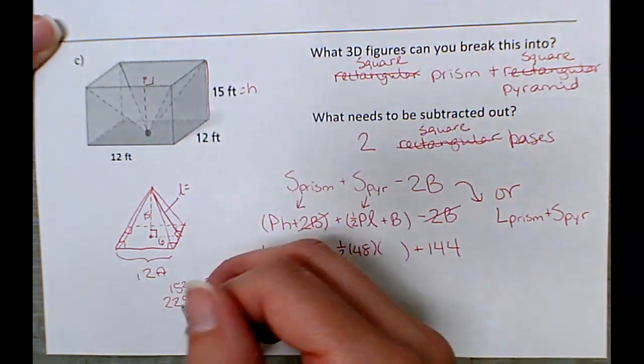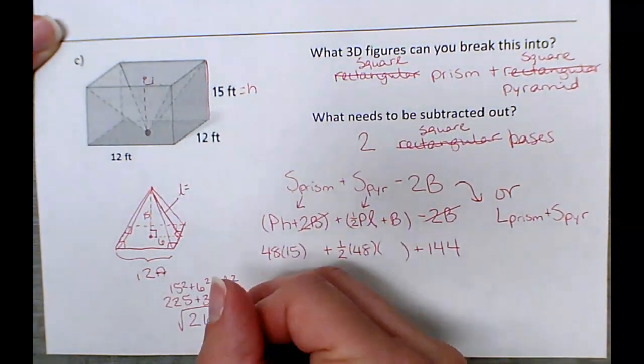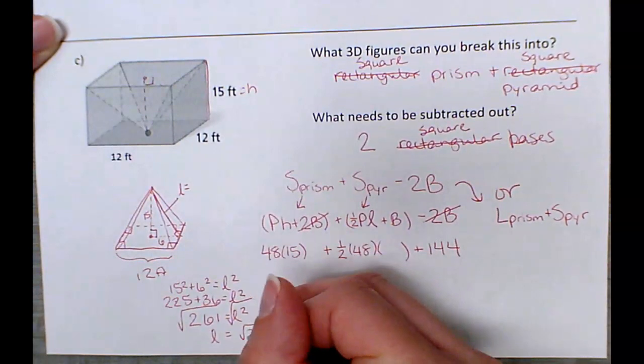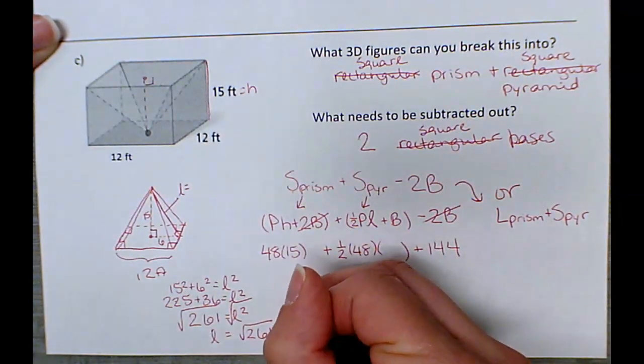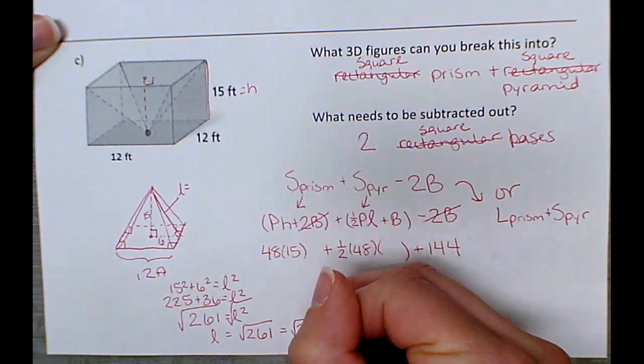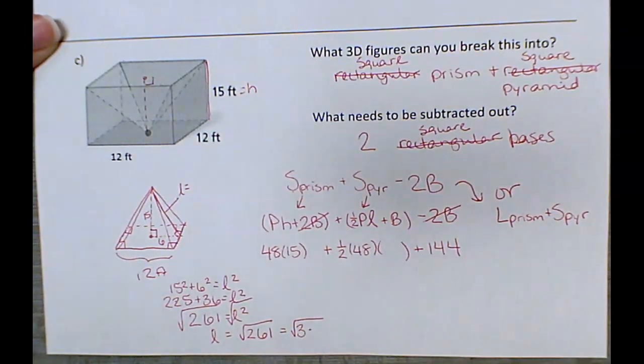If I square root both sides, I get L equals the square root of 261. 2 plus 6 plus 1 is 9. That's divisible by 3. So I know I can break this into something that is 3 times something else.